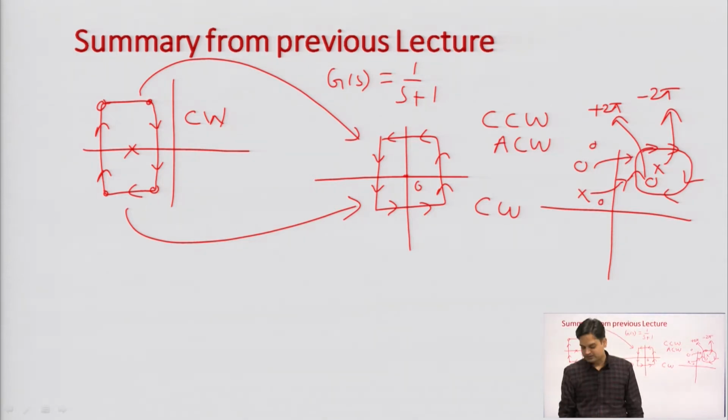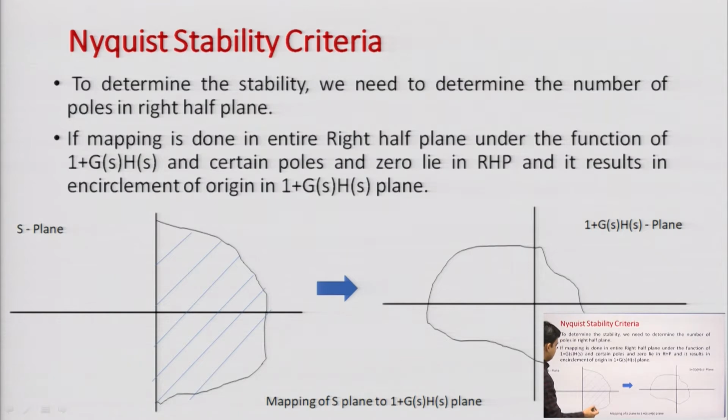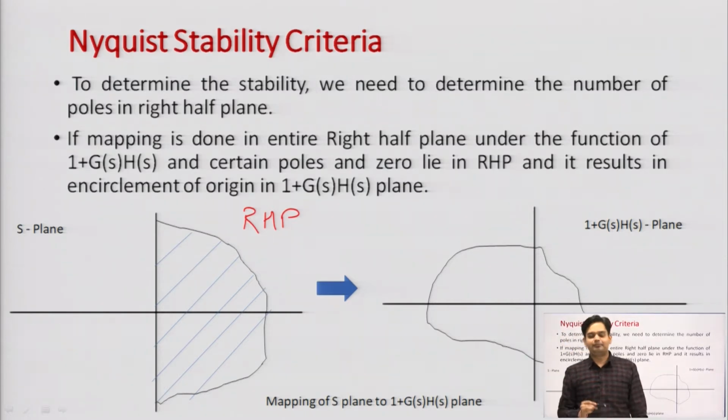Okay. So, we had seen this in the last lecture, and in the Nyquist criteria we would like to map our whole right hand side plane, that is the RHP. So, we are scanning the whole right hand side plane, and we keep looking for all the zeros and poles lying in the right half plane. So, we are taking a contour whose radius r tends to infinity, and it will cover the entire right half plane.